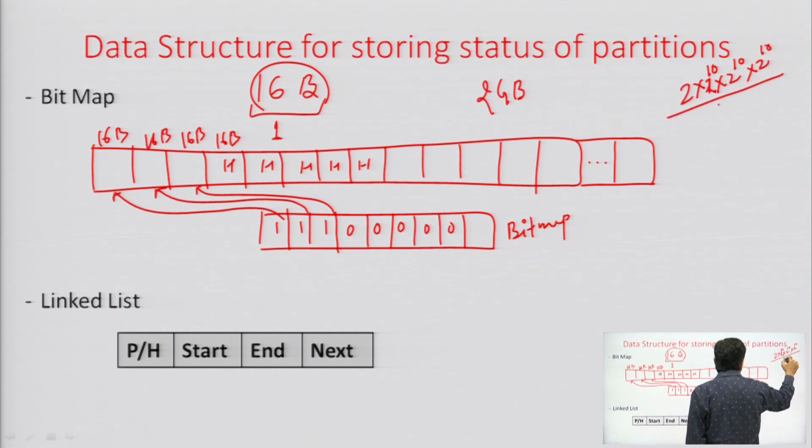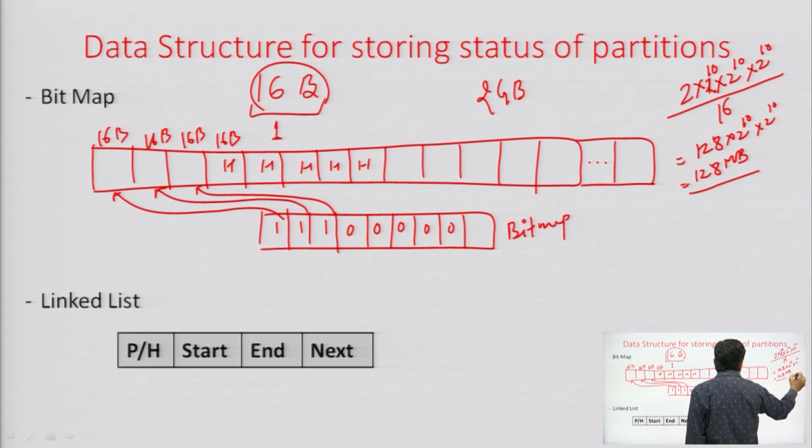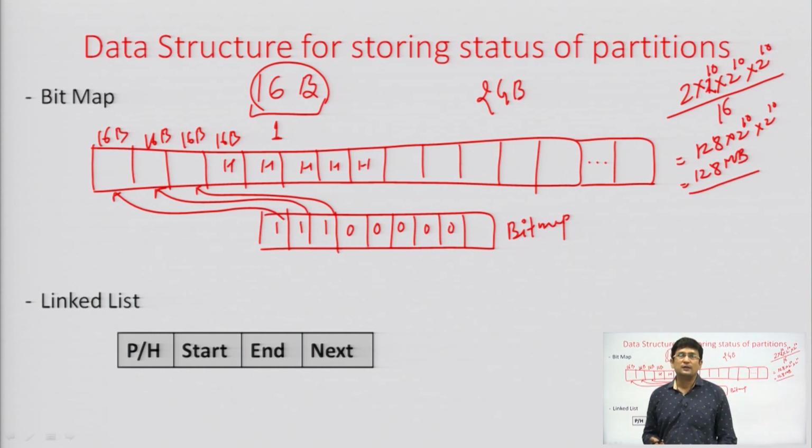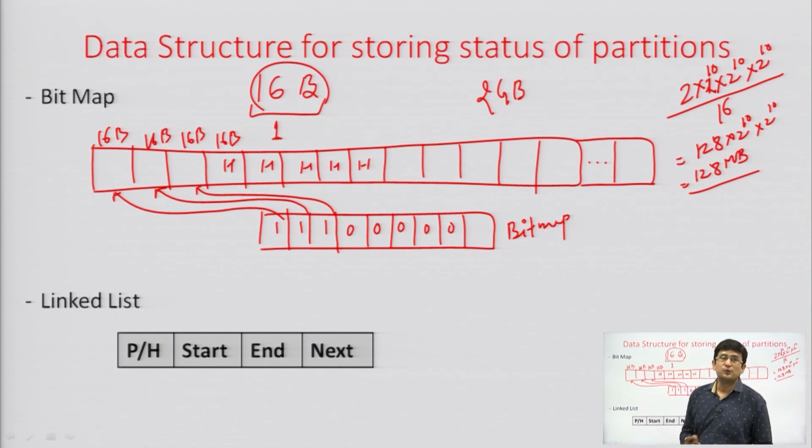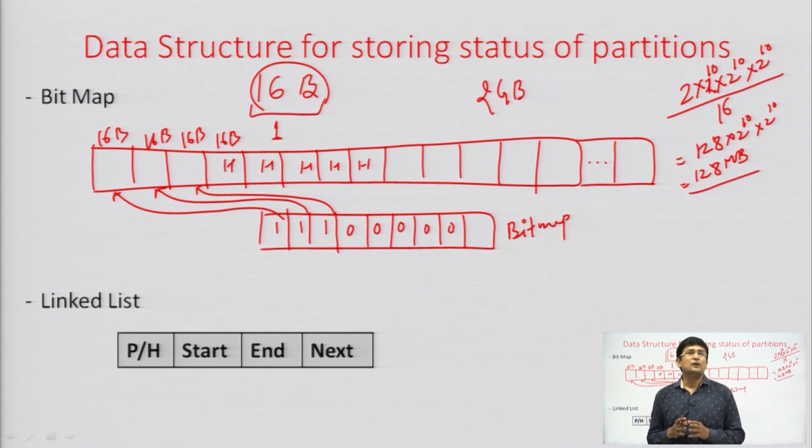These total bytes divided by 16 come out to 128 into 2 raised to the power 10 into 2 raised to the power 10, which means 128 megabytes is used just for storing the information. This is a lot of wastage of memory. 128 MB is too much just for storing the status of the memory.